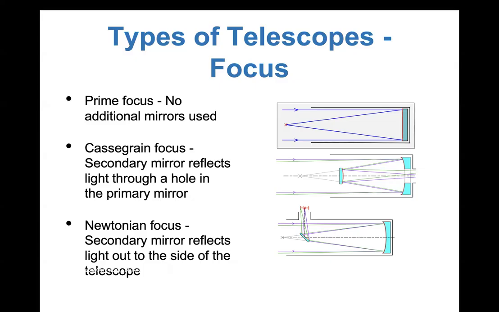And if you look at telescopes, you can see that often in the less expensive, most basic type of hobby telescope, the observation viewer is about halfway along the length of the column of the telescope. Whereas when there's a secondary mirror, the viewer can be at the very end, which can often be more convenient to mount on a tripod and so on. You can even have a Newtonian focus, where the secondary mirror reflects the light out of the side of the telescope. Okay, as shown.